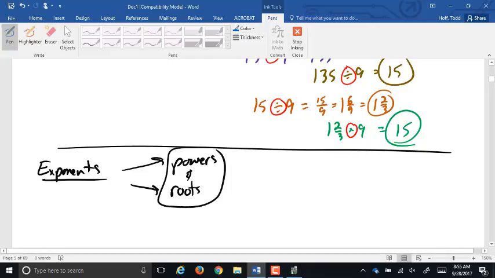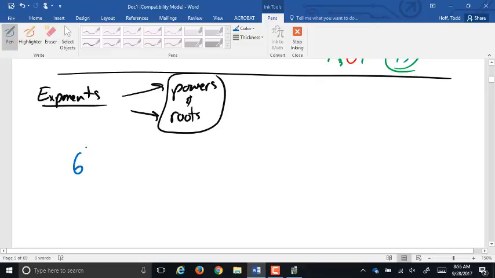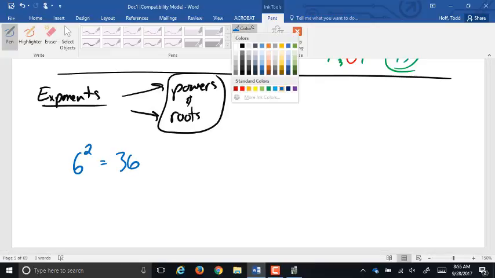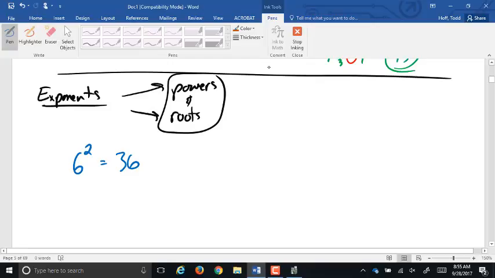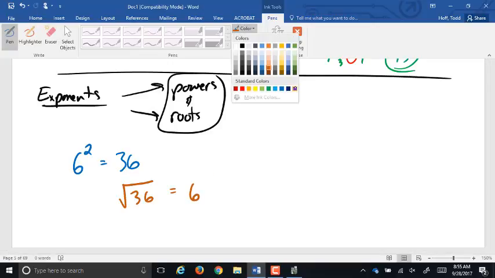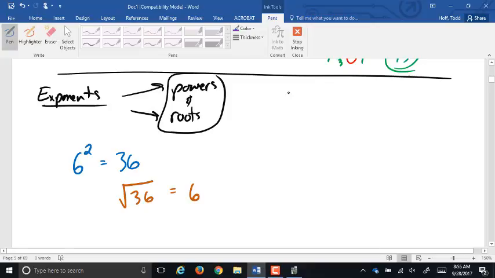So if I have 6 to the power of 2, that ends up being 36. Well, if I wanted to go from that 36 back to 6, we use this symbol. That's the square root. A square root is the opposite of squaring. So that means the square root of 36 would have to be 6. There's one little flaw with that, though.